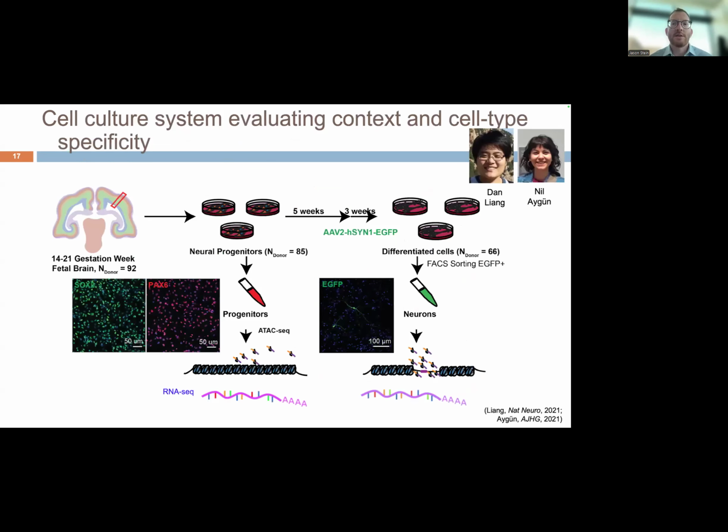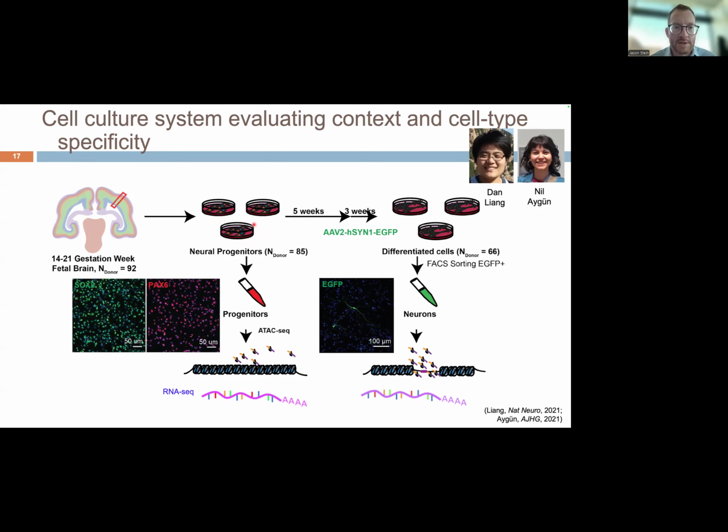To do this, we used a cell culture system for evaluating context and cell type specificity. When I was a postdoc in Dan Geschwind's lab, we acquired human fetal brain tissue from over 90 different donors. We cultured those cells and cryopreserved them, transferred them over to UNC, and began these large-scale differentiations to understand how genetic differences across all these donors lead to differences in things like chromatin accessibility or gene expression.